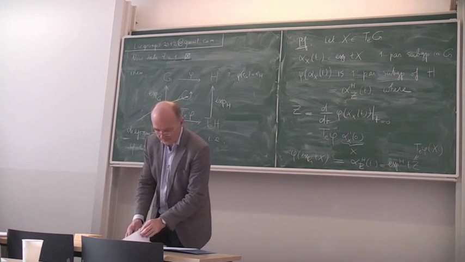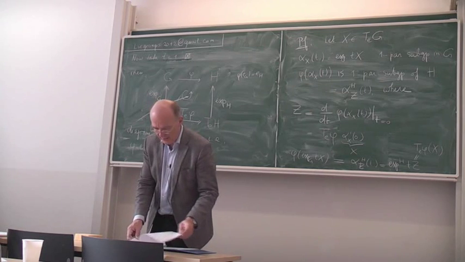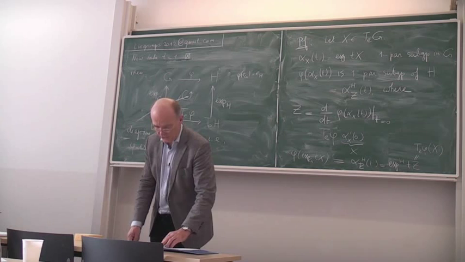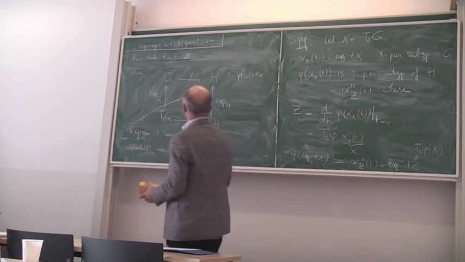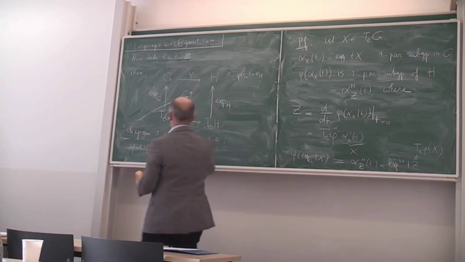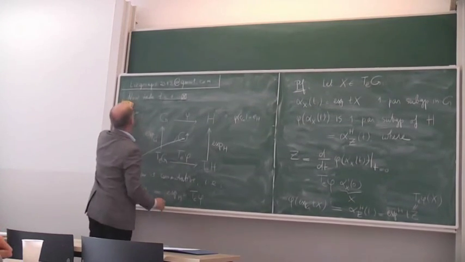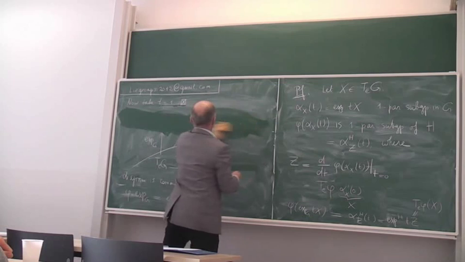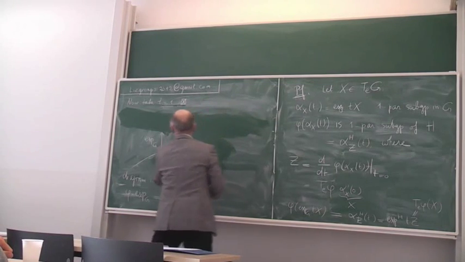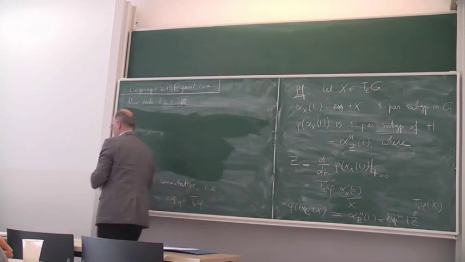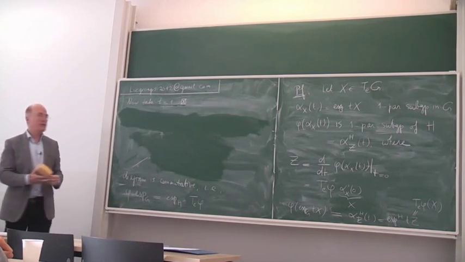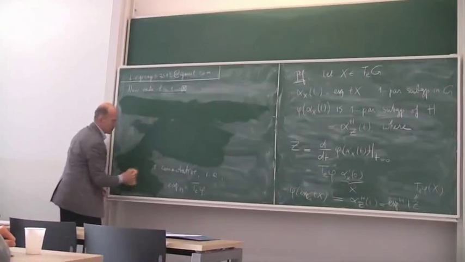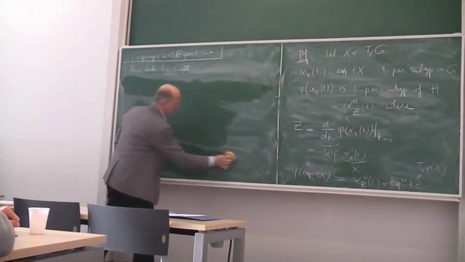Good. So I mentioned already that we are heading for the Lie algebra structure, and so let's start with this. And the idea is that the Lie algebra structure is a linearized version of conjugation.